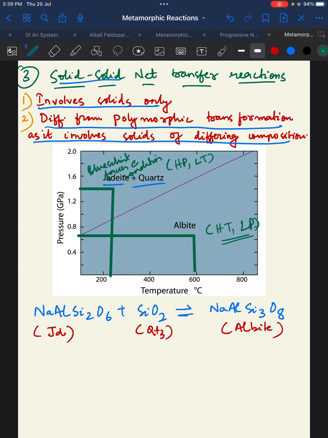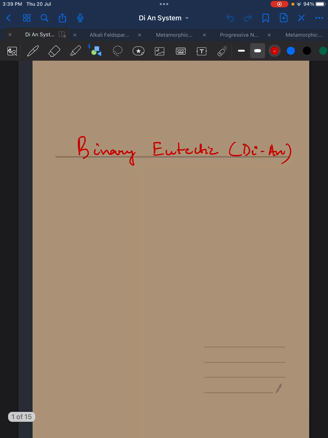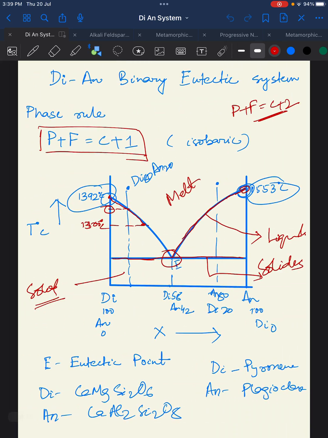So if the temperature increases and the pressure reduces, suppose I have a composition at this point, and now the pressure is reducing, it will enter into this albite zone. This line is the dividing line.